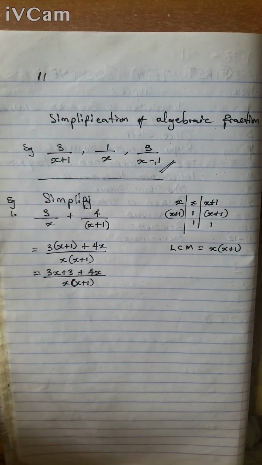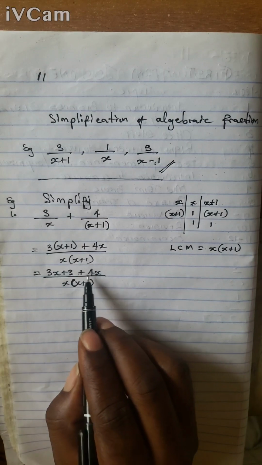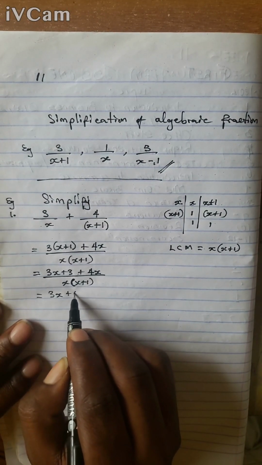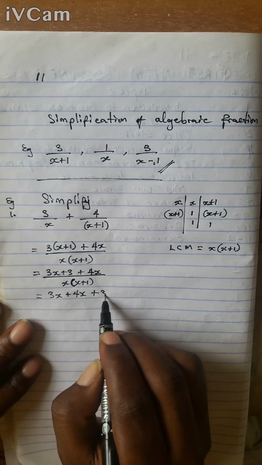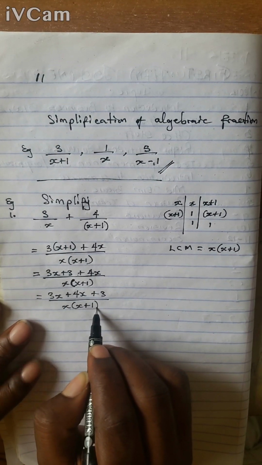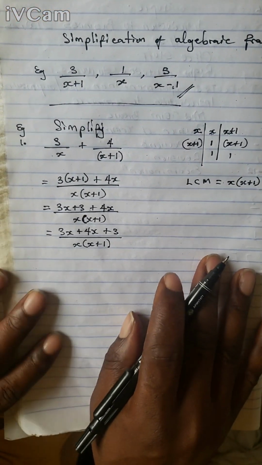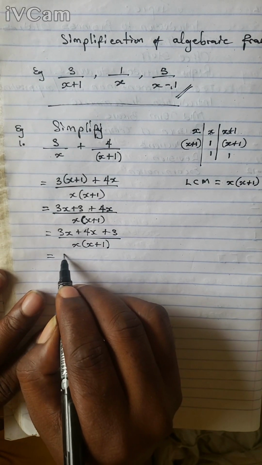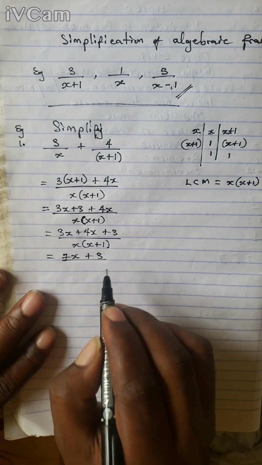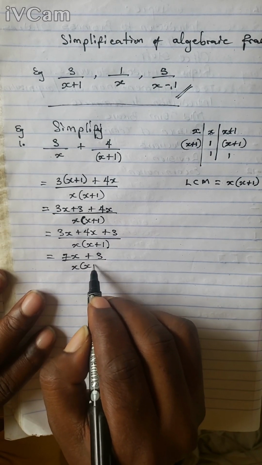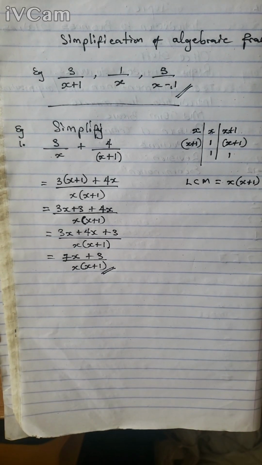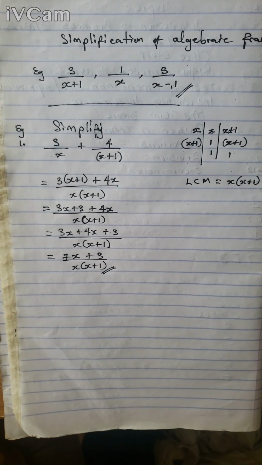So when you simplify the numerator, the like terms, which is 3x plus 4x plus 3, all over x into x plus 1, that will give you 7x plus 3 over x into x plus 1. Okay, so we have simplified that. There's nothing else we can do there.